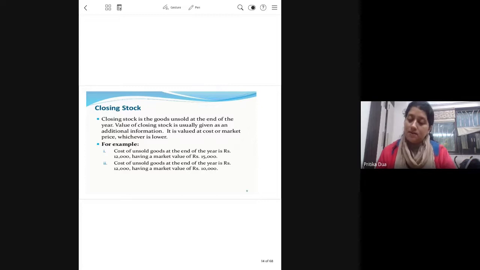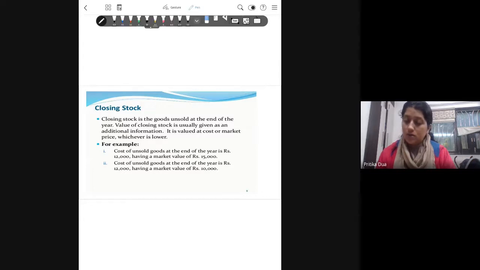Those two places are: one, the trading account. On the credit side of the trading account, you record the amount of closing stock. Also, as already told, the closing stock of the current year becomes the opening stock of the next year.